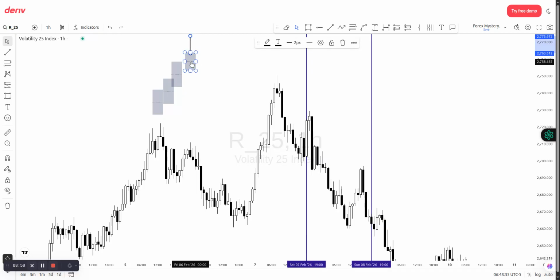Then it forms again with a long wick, instead of moving higher, closing with a full body candle closure. It's still forming with a long wick. Then that tells us that there's something wrong.